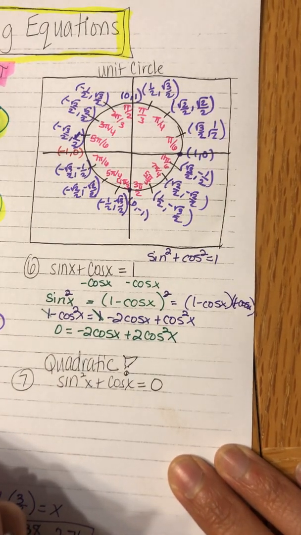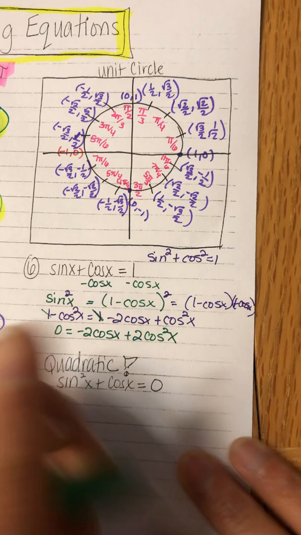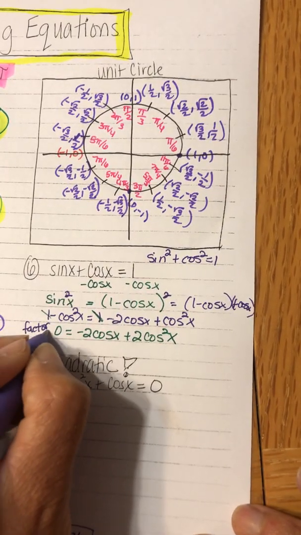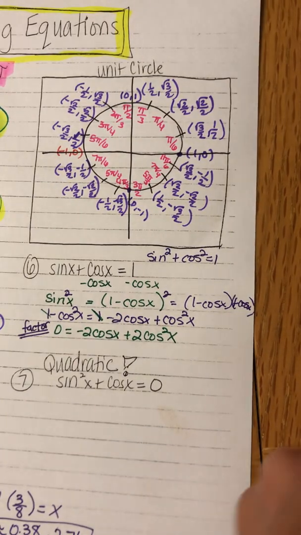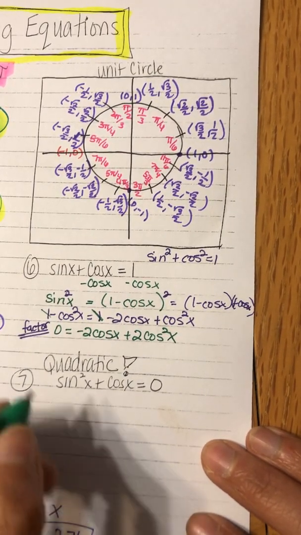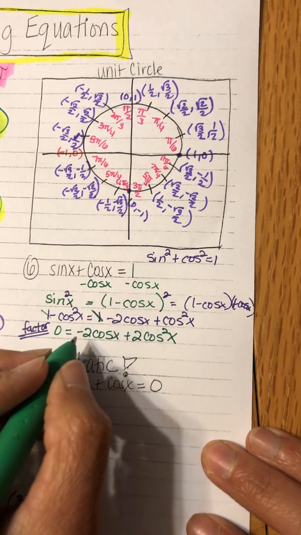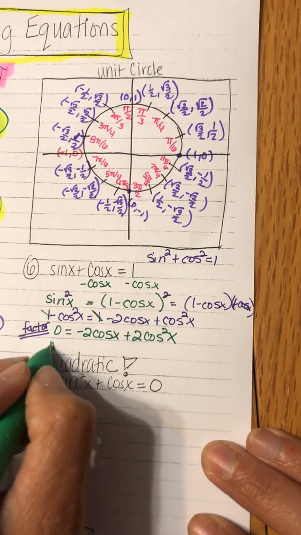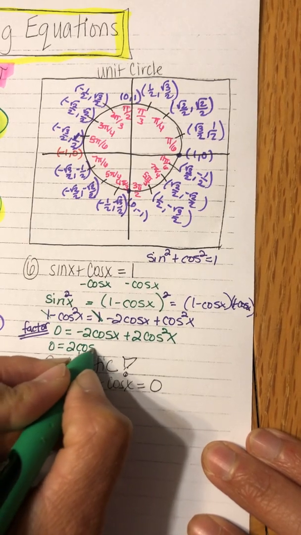Okay, and I have 2 terms, and I can totally factor this. They both have a 2 cosine x. So I'm going to factor out a 2 cosine x.